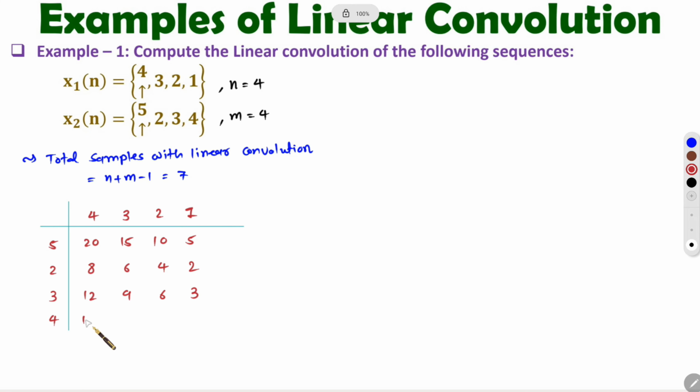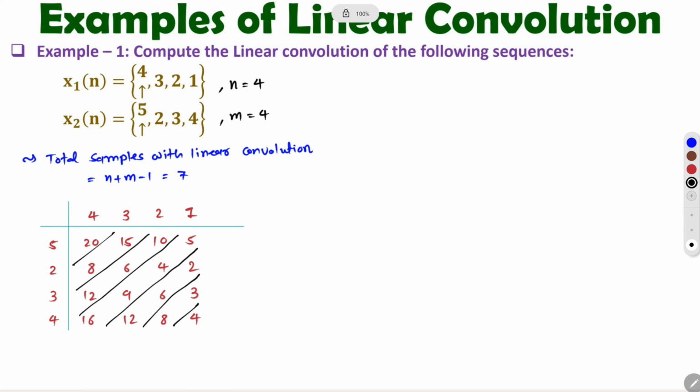So here we have 16, then we have 12, then we have 8 and then we have 4. Now I will identify the elements. To identify the elements, we need diagonal addition. So here I'll be performing diagonal addition to get the magnitude of elements of the linear convolution.